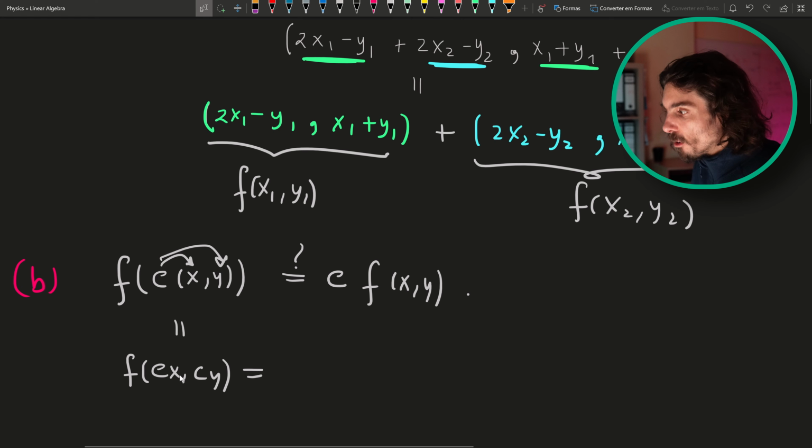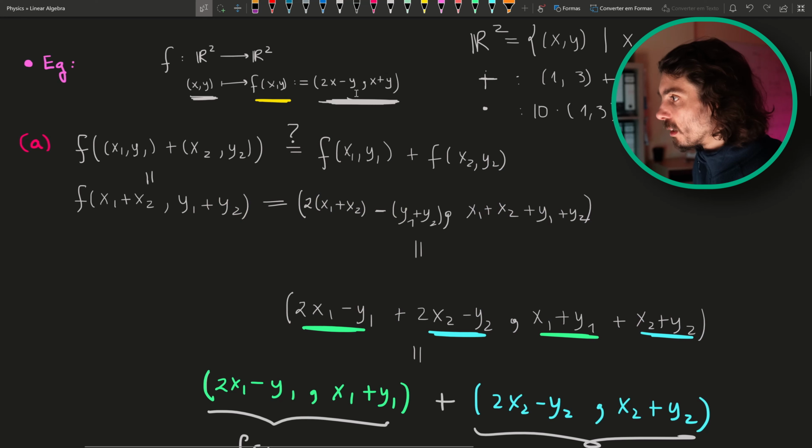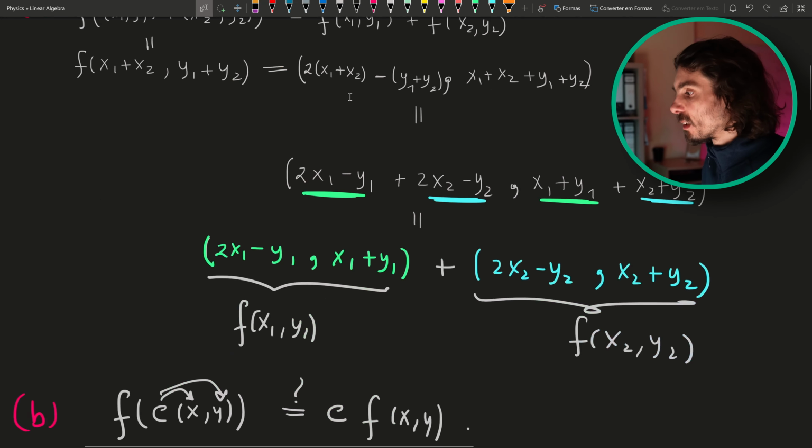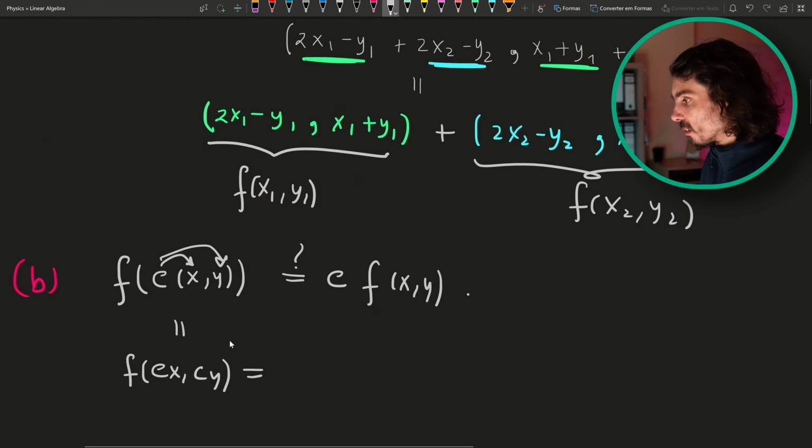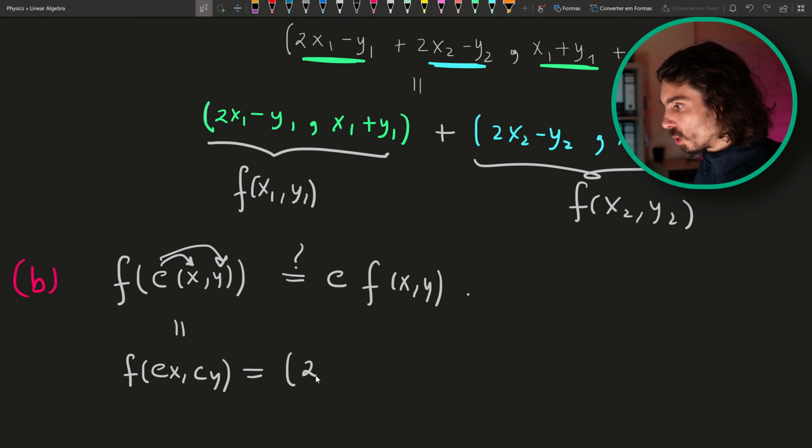Now we have f of (cx, cy). What is that? Well, you just use the information above here. This is what we know. This is how the connection is established. So let's use it, because it's what's being called here. So it's 2cx minus cy, comma, cx plus cy.